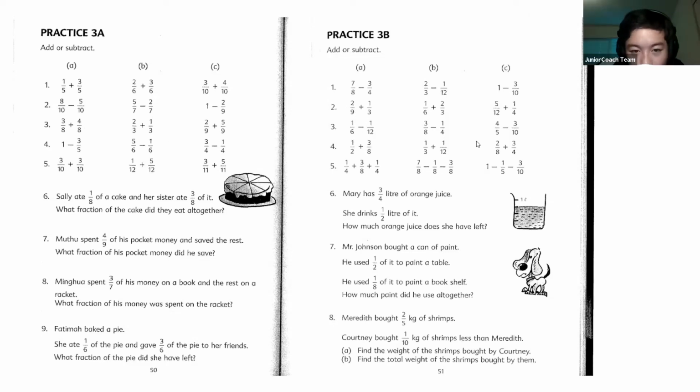Sounds good. Now let's just look at the last word question. There it is. About 2/5 kilogram of shrimps. For 8a, let me just do that.